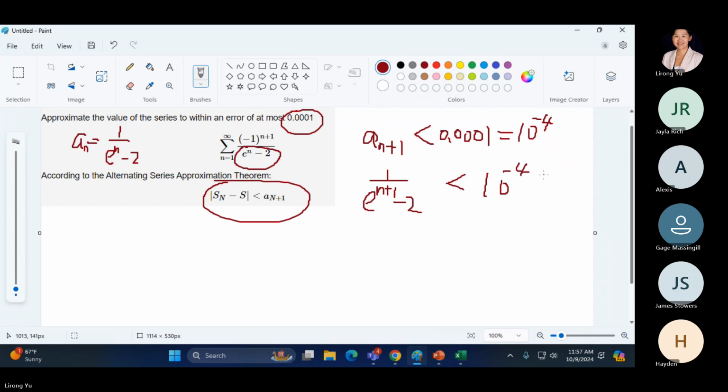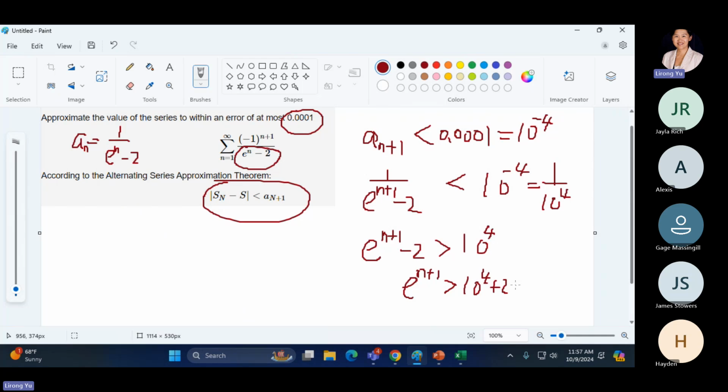10 to the negative 4 power is 1 over 10 to the power 4. Again, a smaller fraction has a bigger denominator, so the denominator e to the power n plus 1 minus 2 must be bigger than 10 to the power 4. Therefore, e to the n plus 1 will be bigger than 10 to the power 4 plus 2, which is 1, 0, 0, 0, 2.